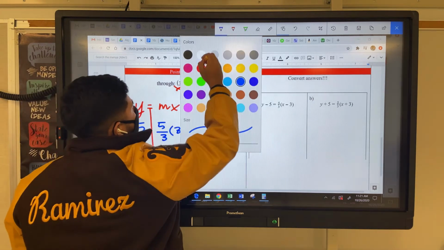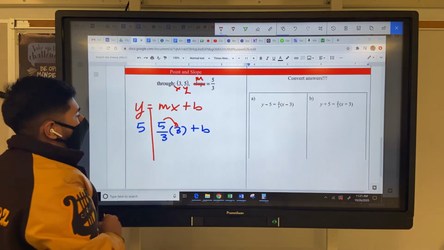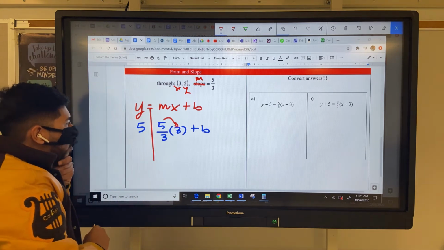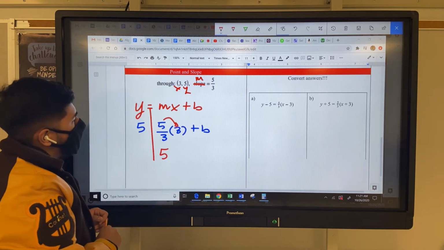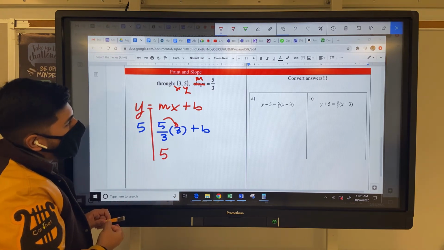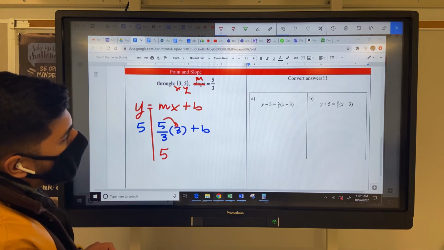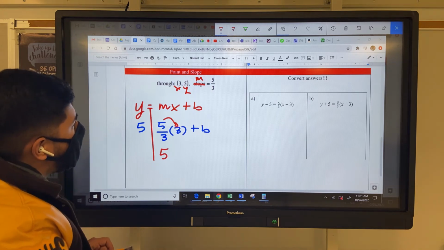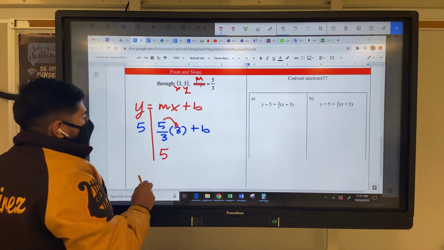And we just go at it again, ladies and gentlemen. 5 over 3 times 3. Use your calculator. It's going to be 5. Oh no, we're good. This is going to be a little different.